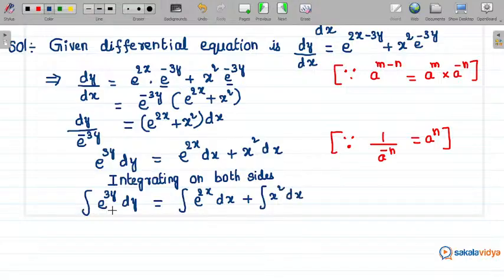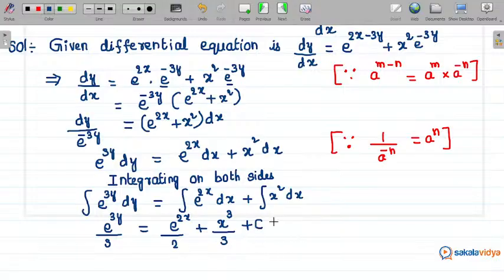See, integral e power 3y dy means e power 3y by 3 equals integral of e power 2x dx is e power 2x by 2 plus integral of x square dx is x to the power of 2 plus 1 by 2 plus 1, that is x cube by 3, plus constant of integration, right? Am I right like this?